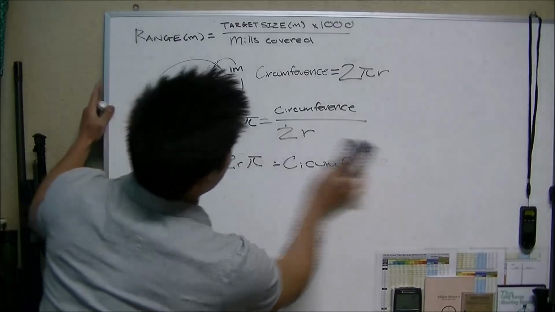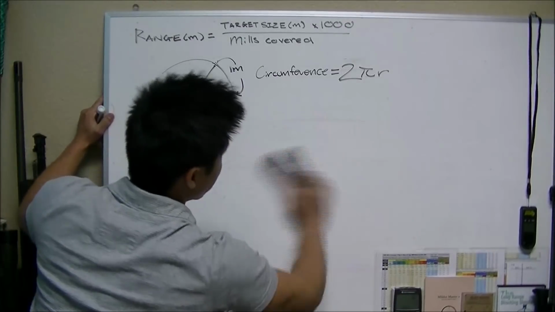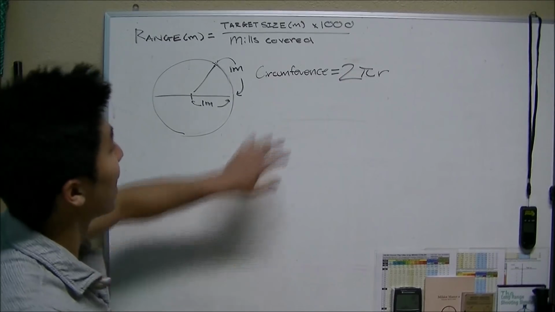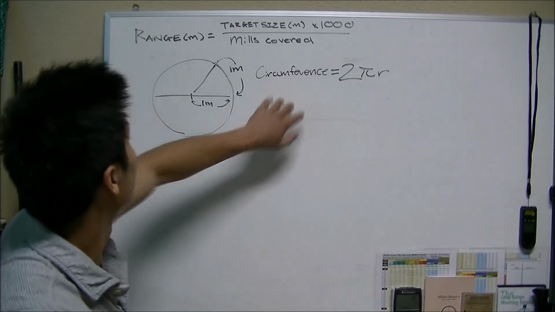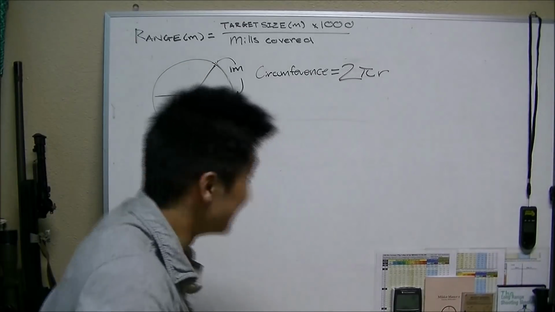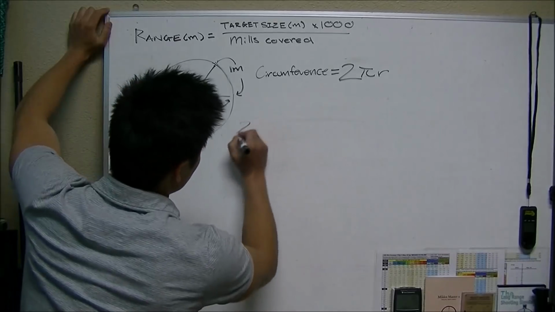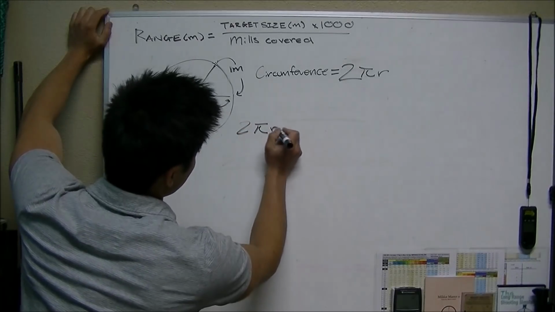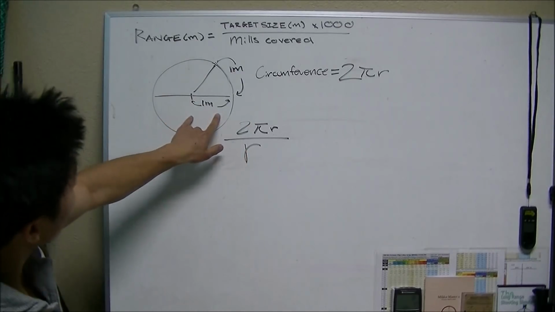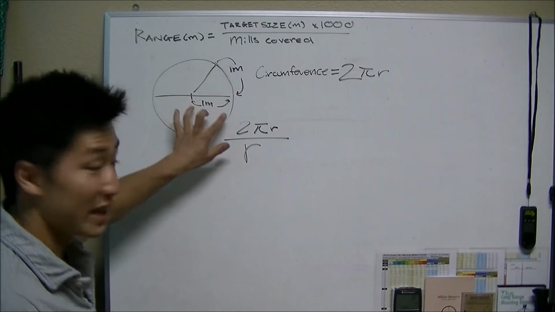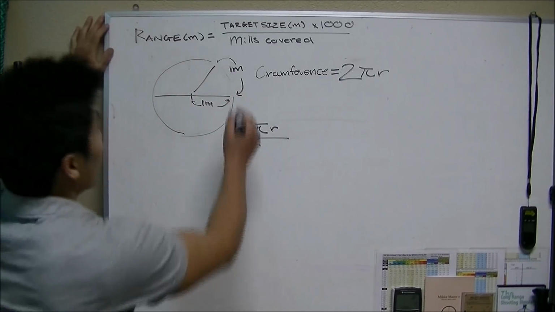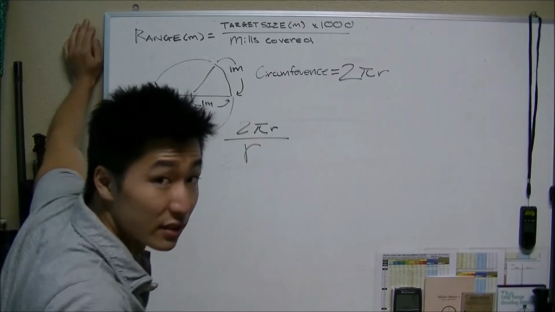So from that, we want to see how many radians are inside the circumference of the circle. That's really easily done. We just get 2 pi r and divide that by r. Now r is going to be our radius, but also our circular arc here, because of the definition of a radian.